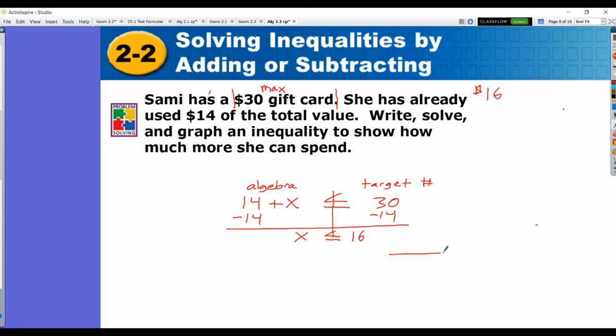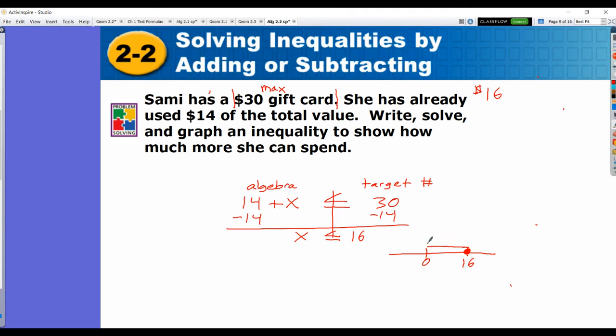We're going to put our line here. We're going to put down 0. We're going to use 16. So there's our graph set up. We're going to put 16 as our answer, so we're going to put a filled in circle on 16 because it could equal 16. Then we're going to go from 16 all the way, but we're not going to go past 0 because she's not going to spend negative dollars.